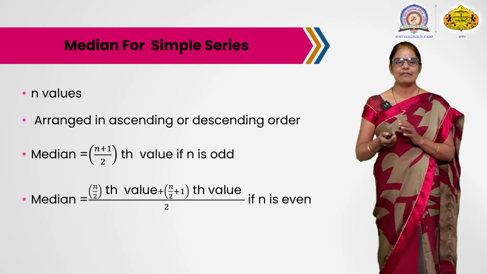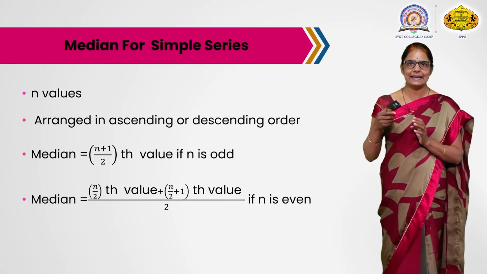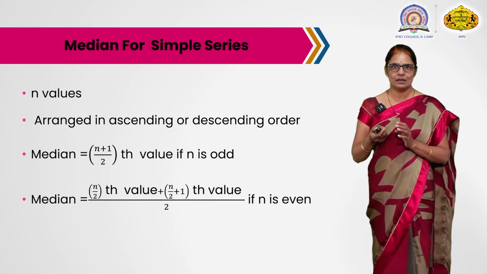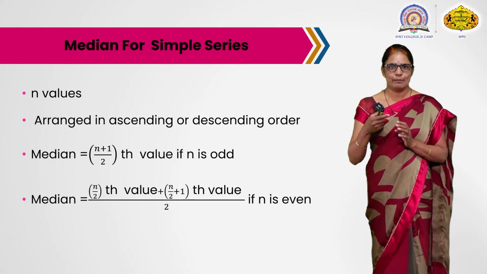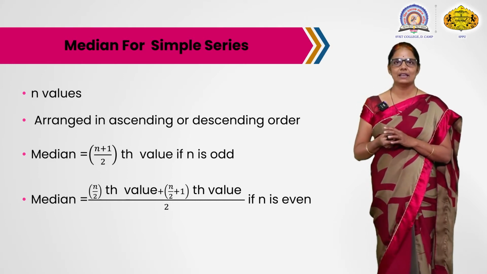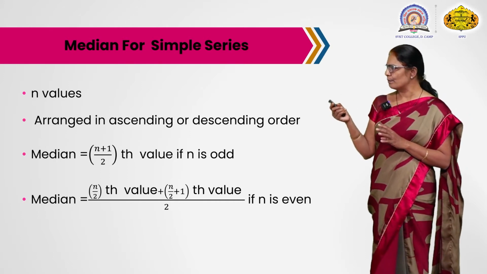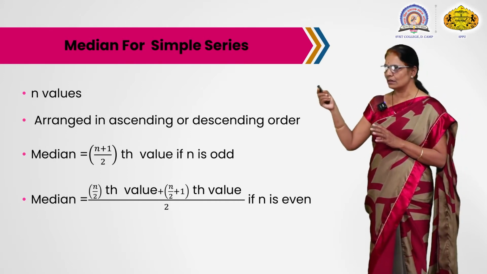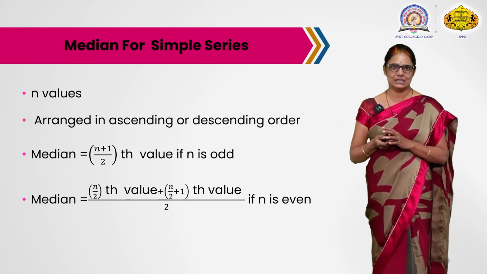We calculate the average of the n/2 th value and its next value. So there are two middlemost observations, and that is why the median when n is even is given by this formula: median equals the average of the n/2 th value and the (n/2 plus 1) th value. These two formulas are useful for a simple series.